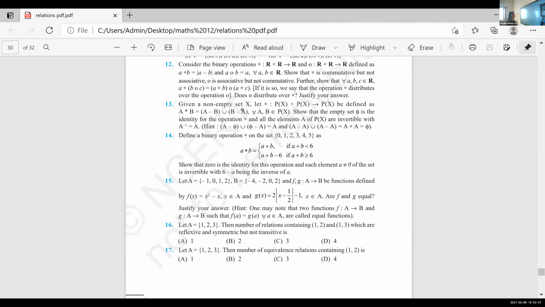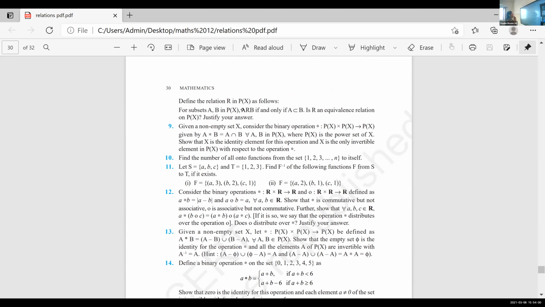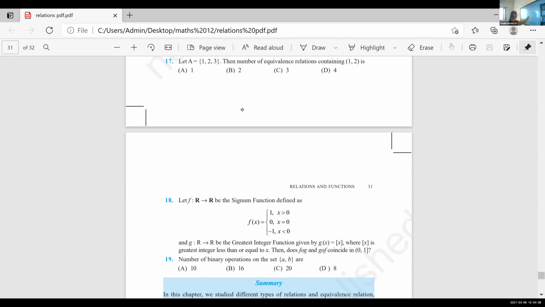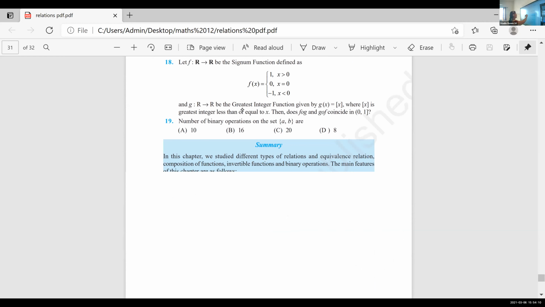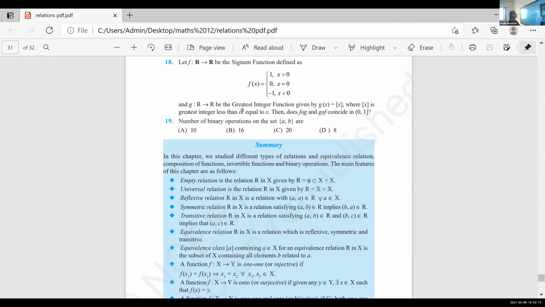The 16th one and 17th one are important 1 mark questions. Again 18 and 19 are also important 1 mark questions.